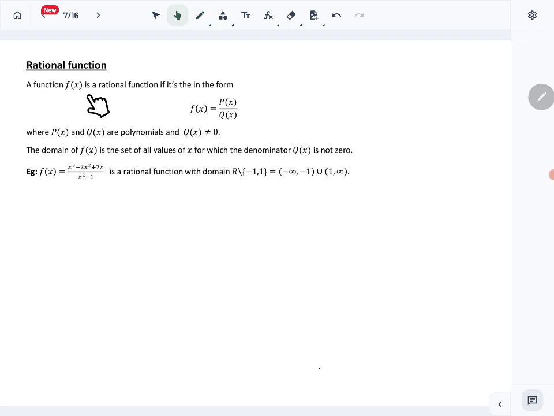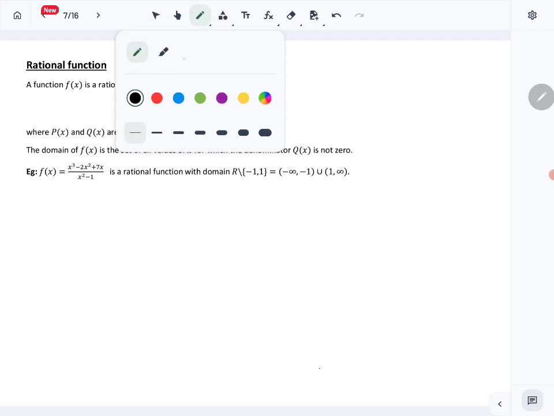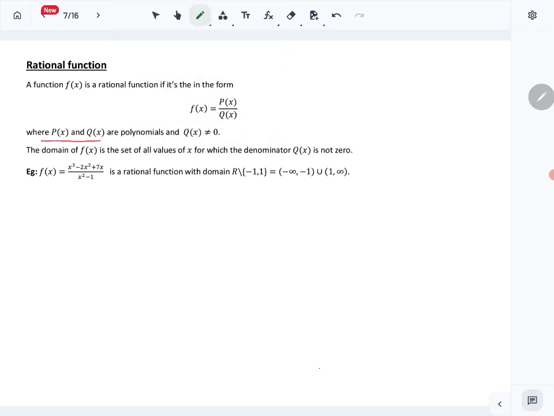A function f(x) is a rational function if it has this form: f(x) equals p of x over q of x, where this is the important thing: p and q are polynomials and q(x) is not equal to 0 because you can't divide by 0. So a polynomial divided by another polynomial is called a rational function.